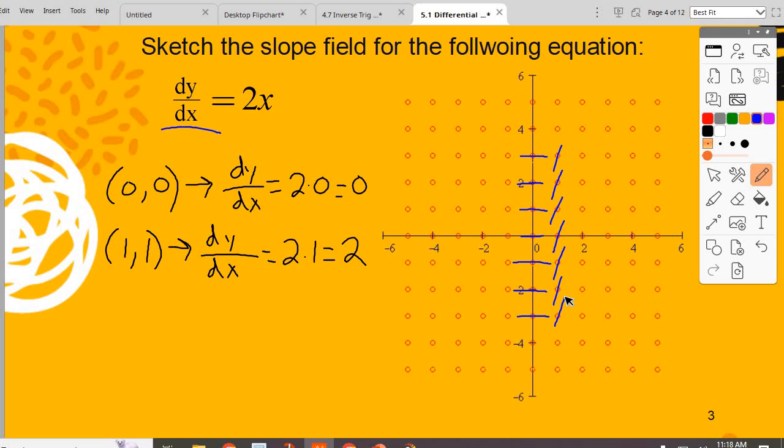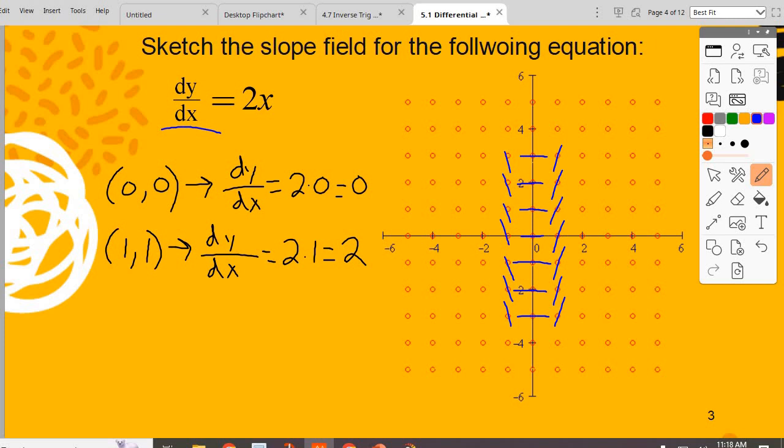Now let's use the same idea and think, okay, if I were to plug in a negative 1, I'm going to get a very similar answer. The only difference is it's now going to be negative 2. And that's going to be true for all of the points along that negative 1 line.